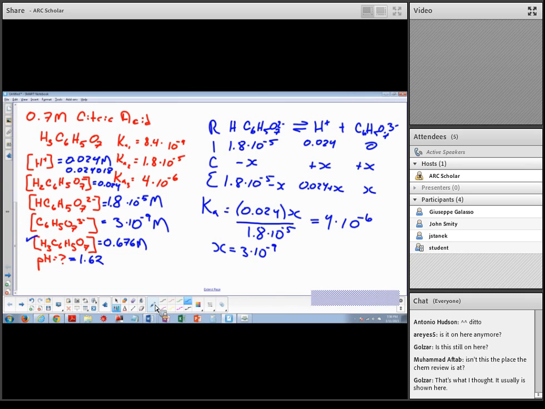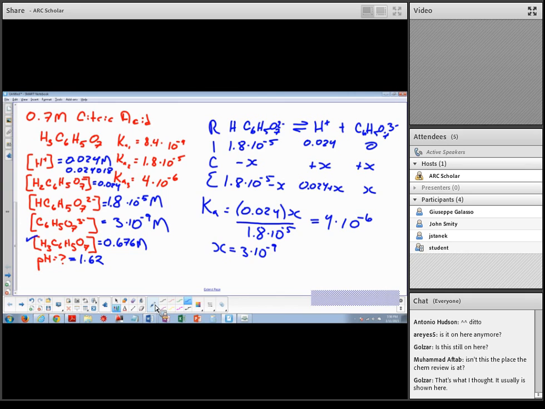Then compare it to the solubility of the same compound in water buffered at a pH of 6. Okay, so we want solubility in pure H2O, and we want solubility in a buffer at pH of 6.